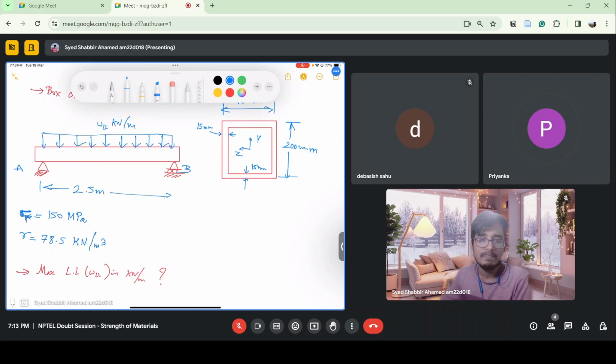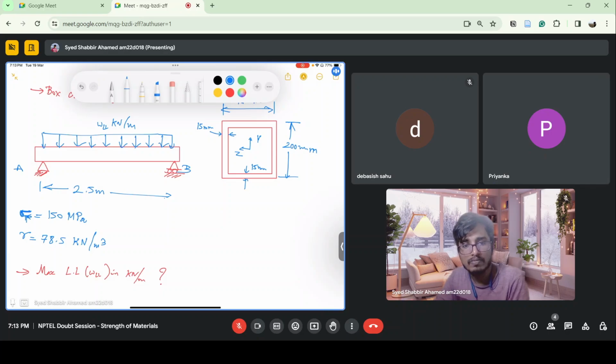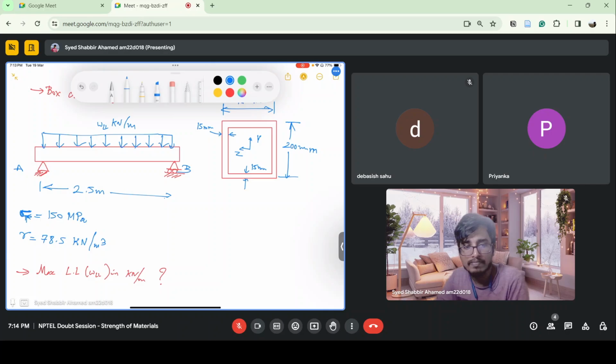So first, we can find the moment using the flexure formula, the maximum moment it can withstand. Then if we draw the bending moment diagram and find the maximum moment, and equate it. Yeah, absolutely, it's correct.